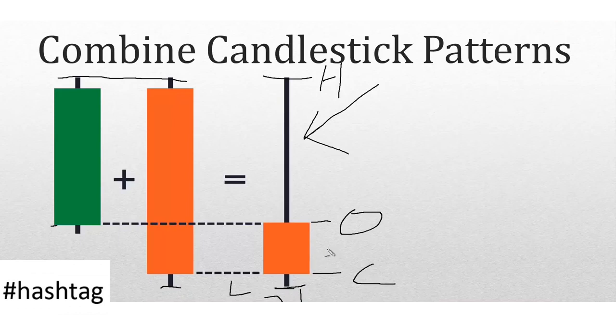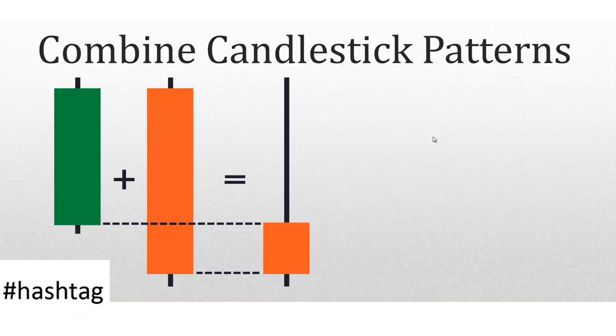And where is the close? The close is the close of the second candle, which closed at this price level, and that's why you got this close. So when you combine this one plus this one, you get this bearish looking price rejection on your chart. Does it make sense?